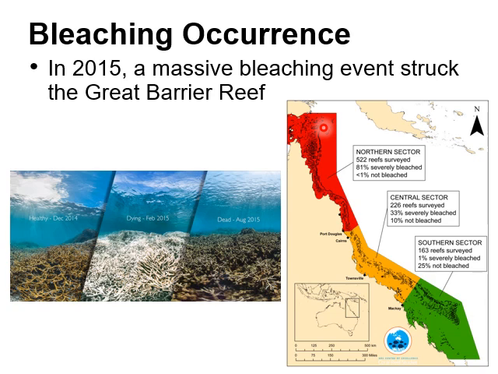And so unfortunately, I have to report to you that this is now happening again as I'm recording this lecture. Right, so in late March, early April of 2020, another massive bleaching event started happening in the Great Barrier Reef. And it seems like it is going to be just as bad as this bleaching event that occurred in 2014 and 2015.